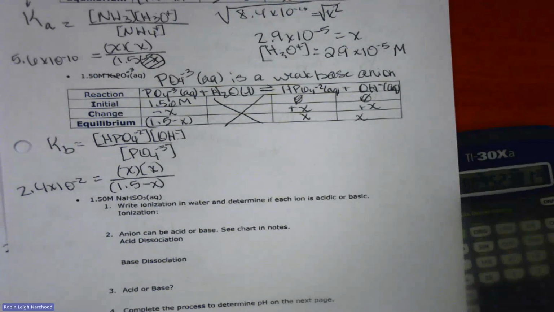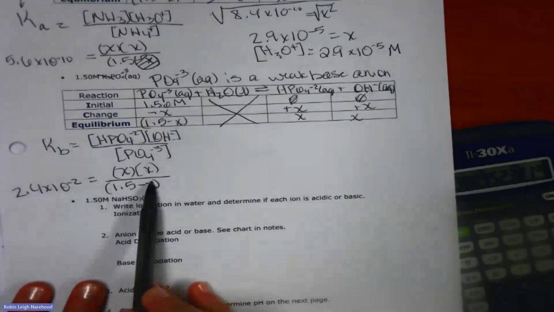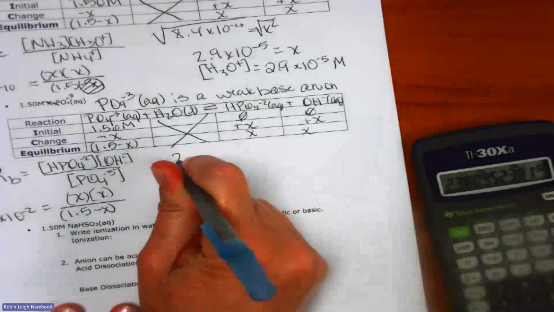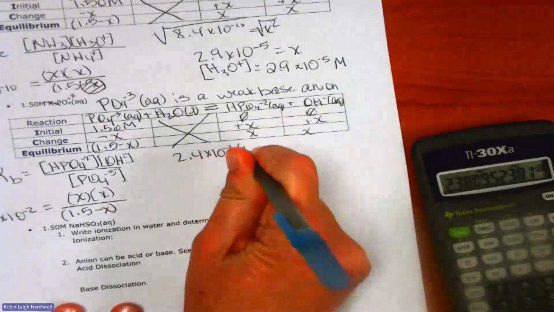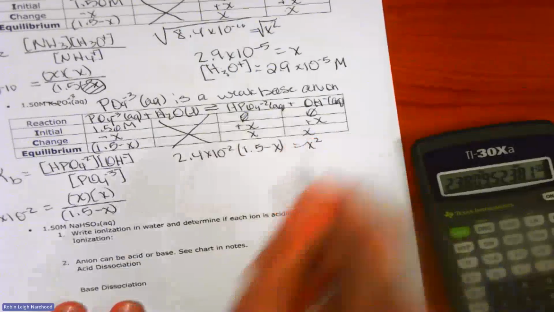So we cannot ignore it, but it's not like a big polynomial or anything where we have a whole polynomial on top and bottom. We're going to have x squared on one side, and we're going to distribute this over here. And so we've got 2.4 times 10 to the negative 2 times 1.5 minus x equals x squared.